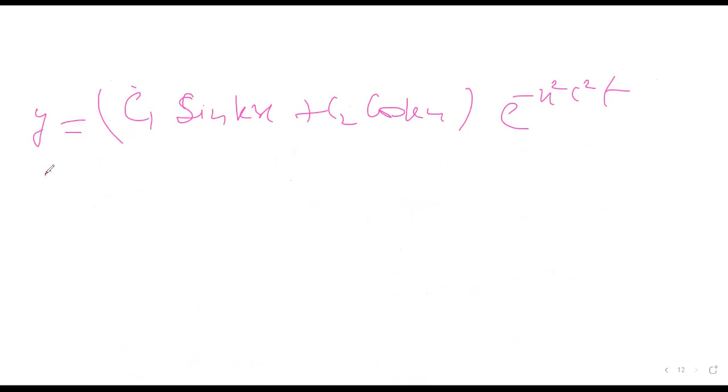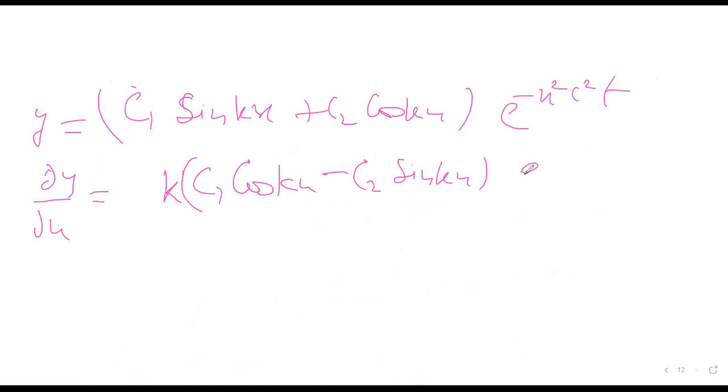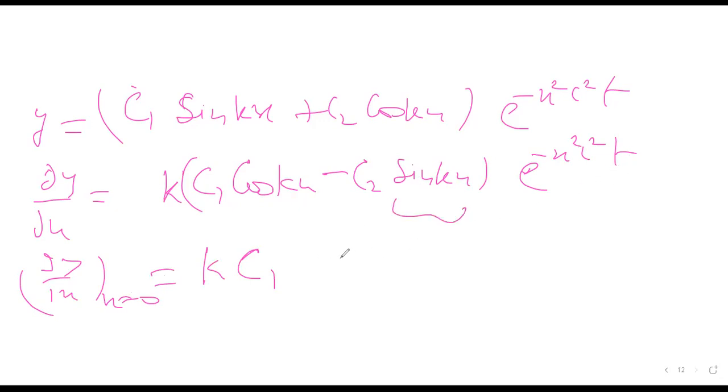Now if I find del y by del x, you will get k times (c1 cos kx minus c2 sin kx) into e to the power minus n square c square t. Now del y by del x at x equal to 0 is equal to k into c1, right? For this will become 0, this will become 1, k into c1, and this will give c1 equal to 0.